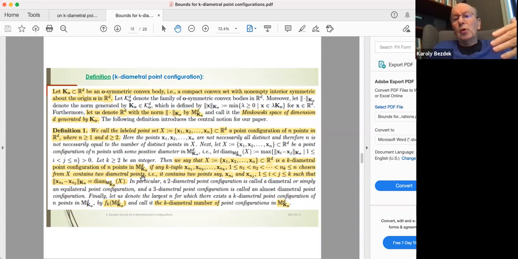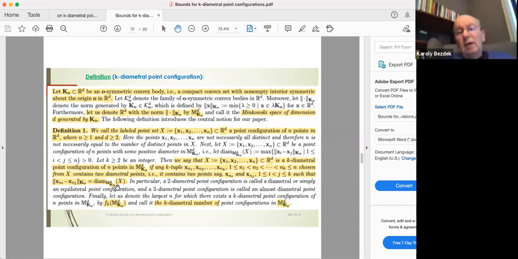And we call such a point configuration a k-diametral point configuration if it has the property that among any k points that we choose from our n points, there are always two whose distance is equal to the diameter of the given point configuration. So no matter which k-tuple we choose, we should be able to find two points among them whose distance is equal to the diameter of the point configuration.